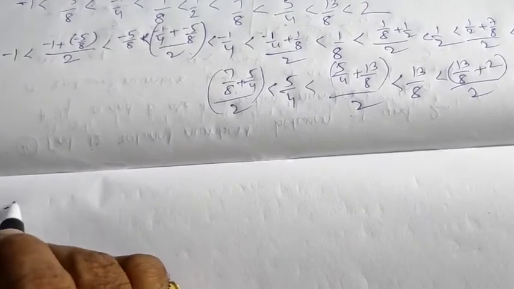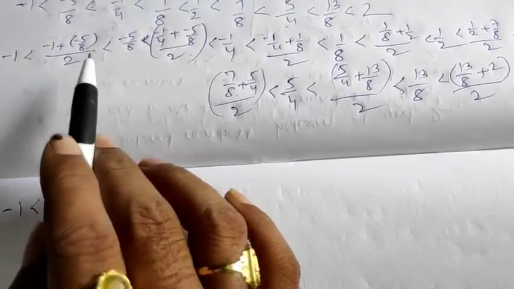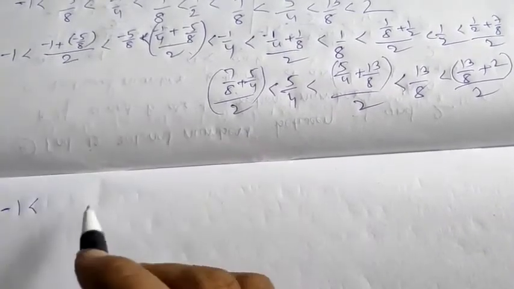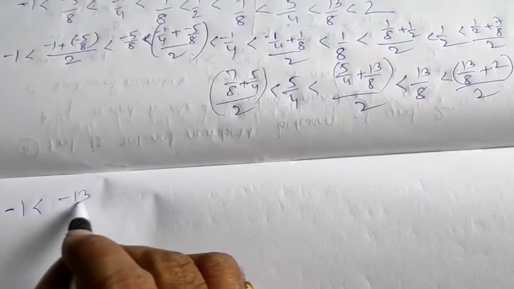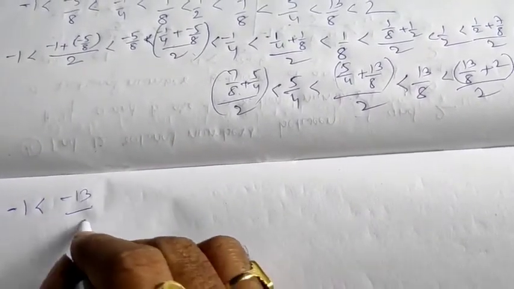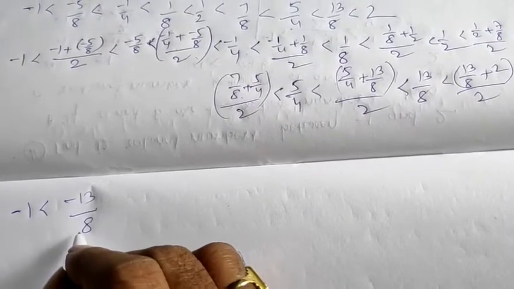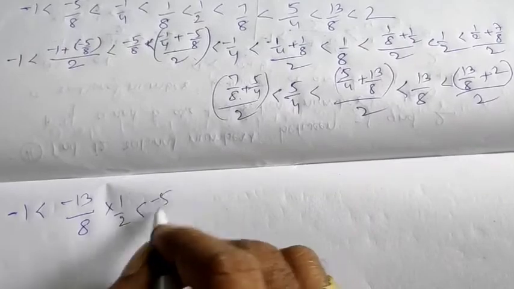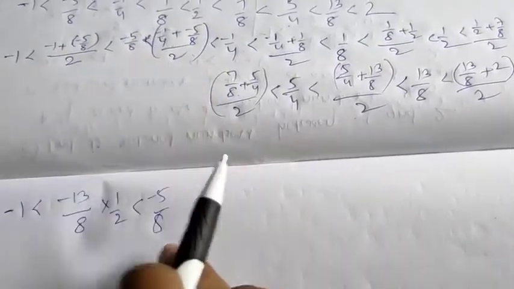See how, the average of minus 1 comma minus 5 by 2, how much do we get? Here minus 1 is less than, so the LCM is 8, so 8 1s are 8, minus 8 plus minus 5 is minus 13 by 8, whole by 2, means into 1 by 2. Less than minus 5 by 8, we write as it is here.